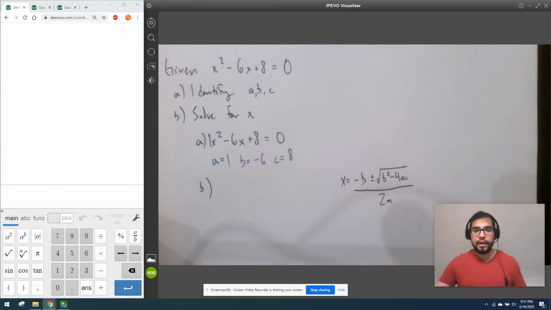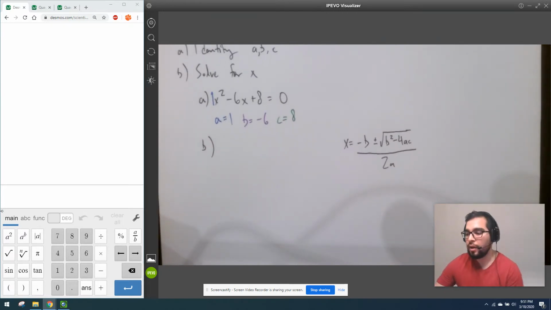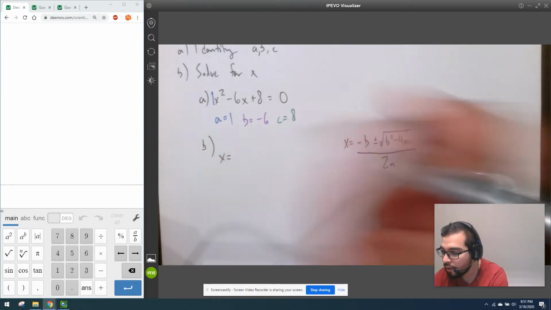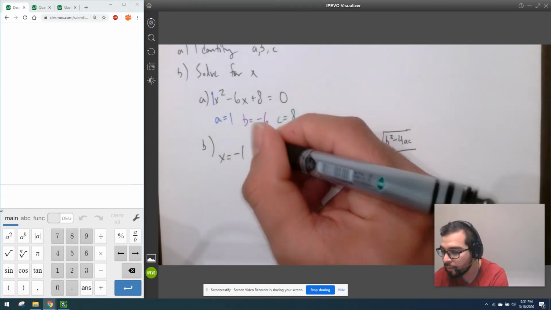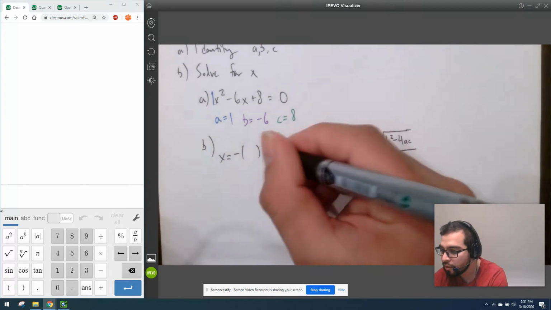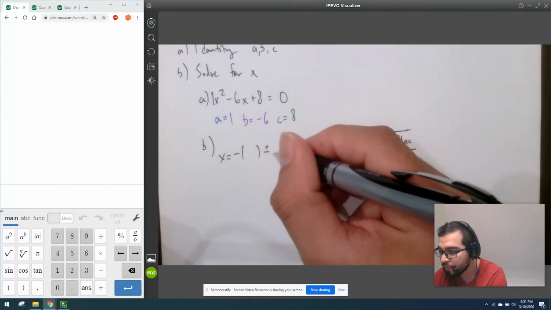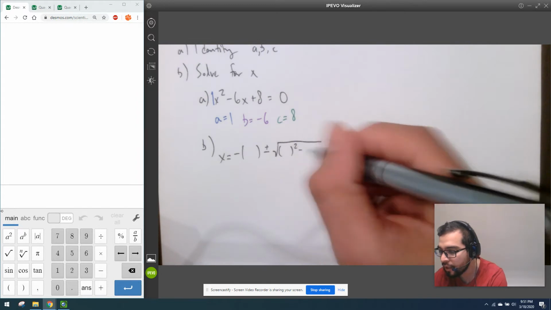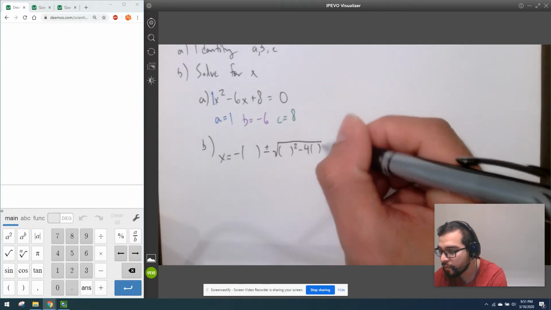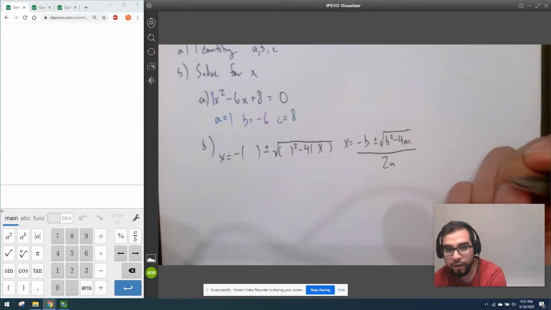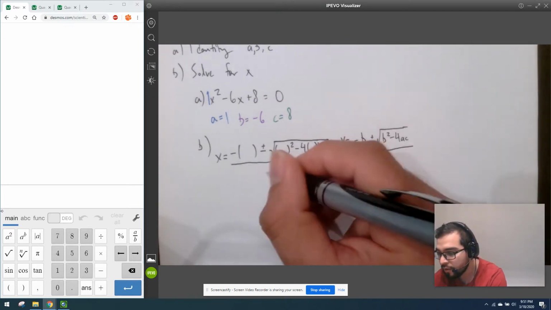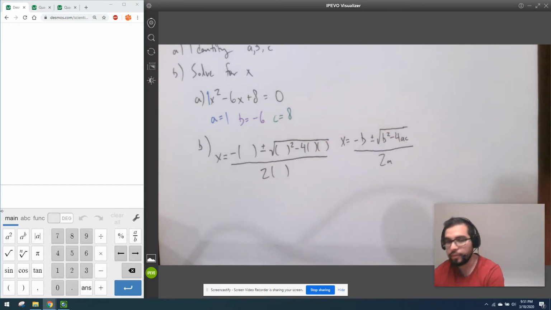Now I'm going to write it over here as x equals the opposite of, and I'm going to put parentheses where a variable goes, and you'll see why in just a bit: the square root of something squared minus 4 times something times something, all of that over 2 times something.